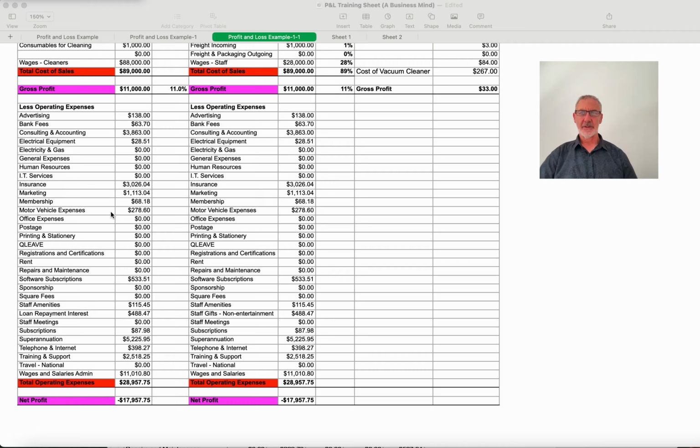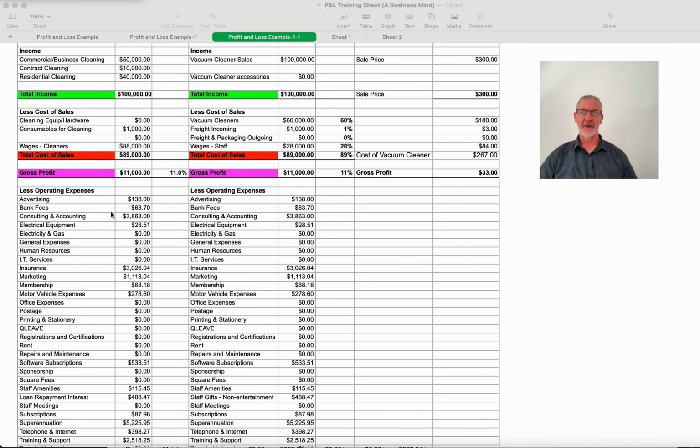In some cases we have gross profit pretty much only, and that's usually like a one-man band where they might buy in the vacuum cleaners, go out and sell them, or they buy them in and sell them online, and they go straight back out. So effectively there's very little cost other than the product itself and the wages directly.